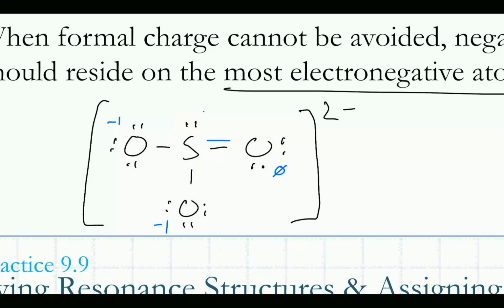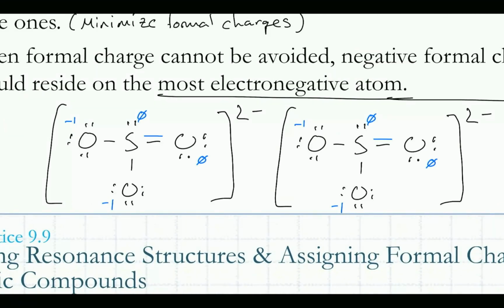So that also becomes 0. So if we compare these, I'm going to switch this one back so that it doesn't have that double bond. It's -1, +1. Okay, so which one is better?